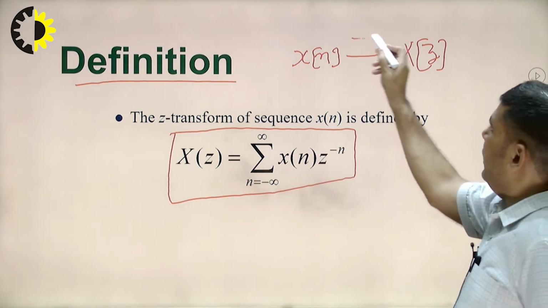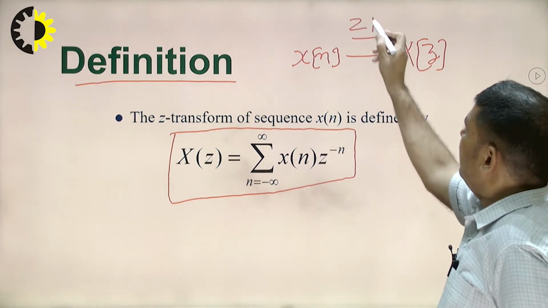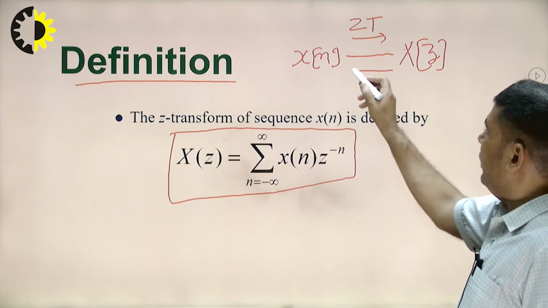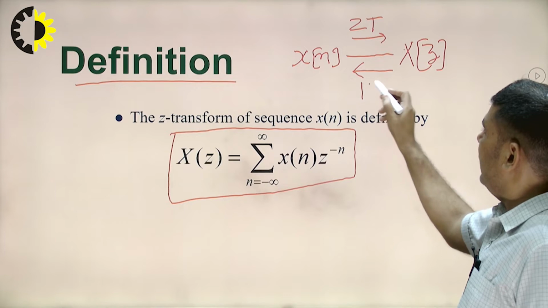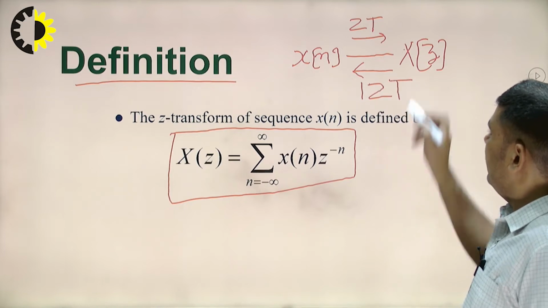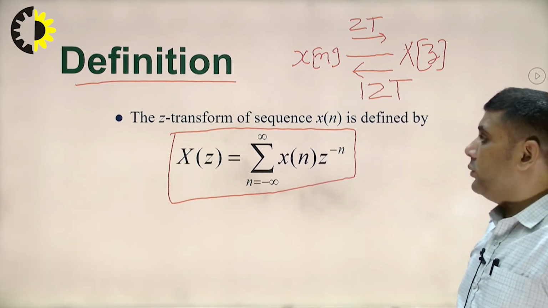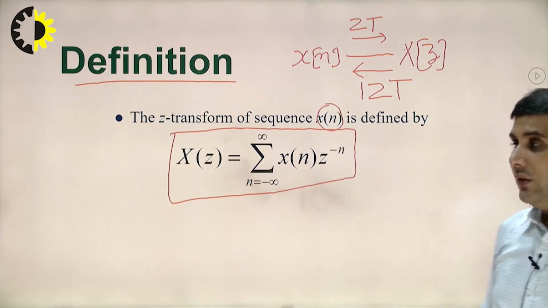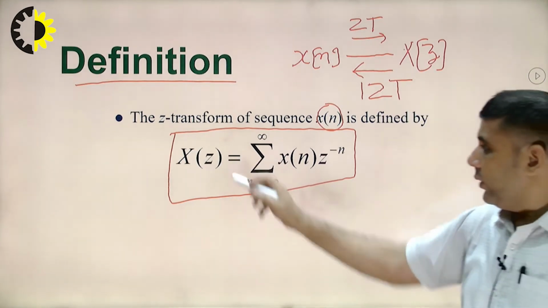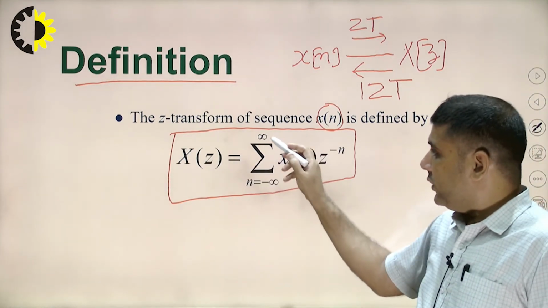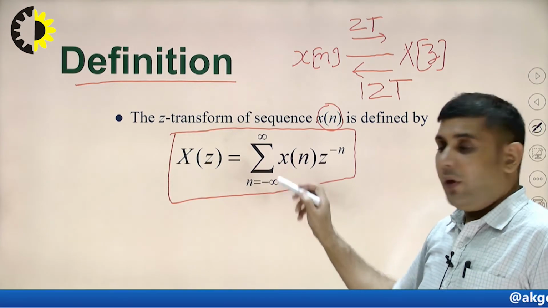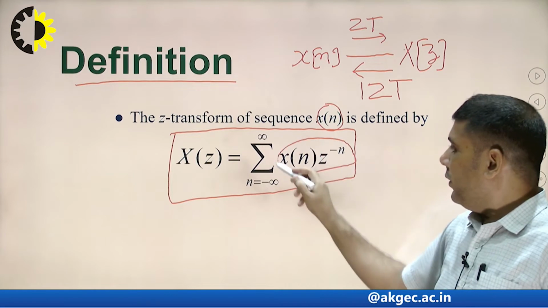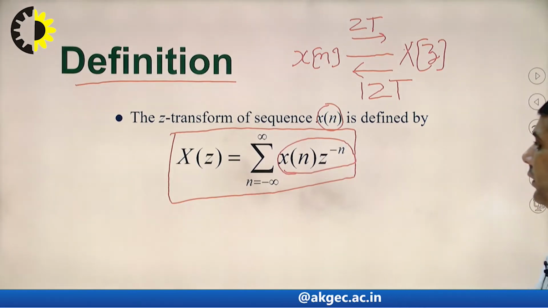If you go from here to here, this is the Z transform, which we are discussing in our current lecture, and if you do the reverse, that is the inverse Z transform. For any discrete signal or sequence x[n], the Z transform X(z) is given by this formula: X(z) is equal to summation n from minus infinity to plus infinity of x[n] z raised to the power minus n.